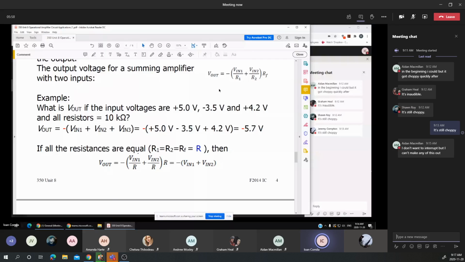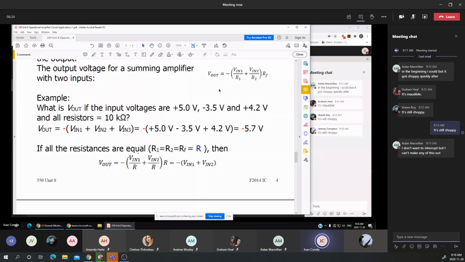Now let's see how we can build an averaging amplifier. Suppose that I have 2 inputs. To have the average of 2 inputs I divide the sum by 2, which means I have to make RF over R equal to 1 over 2. Based on the number of inputs, you have an average.